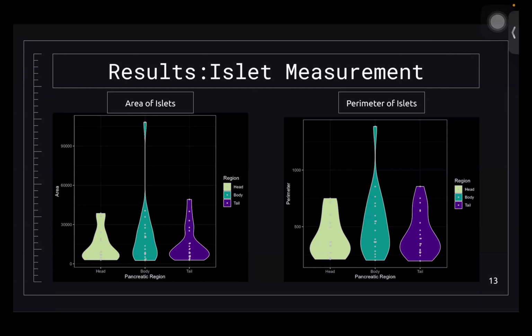So after we had imaged with the H&E and using HuBMAP, we were able to annotate the islets, and we were able to get this graph, which kind of shows that there's not too much of a difference, except one outlier in the body. There's not too much of a difference in the size. So in size, I mean like the area and the perimeter of the islets. So there was not a lot of difference there, is what we saw.